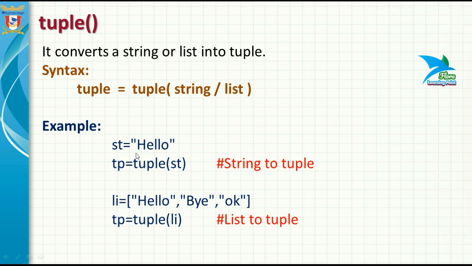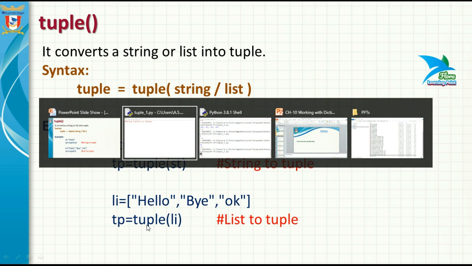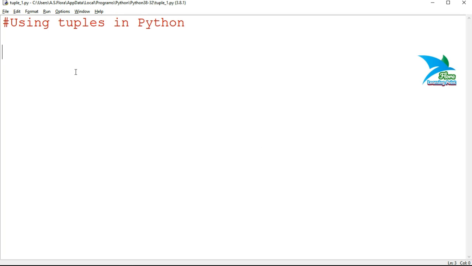Here we have specified a string, st is equal to hello, and when you use the tuple function with the name of that string, it will convert that string to a tuple. In the same way, if you make a list, it will also convert that list into a tuple. So let's demonstrate.